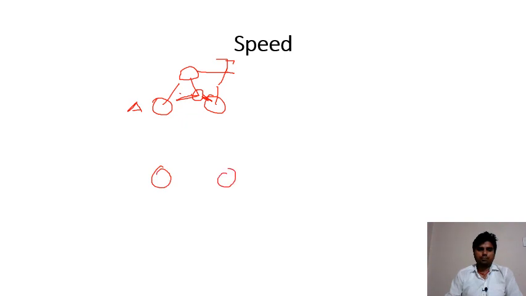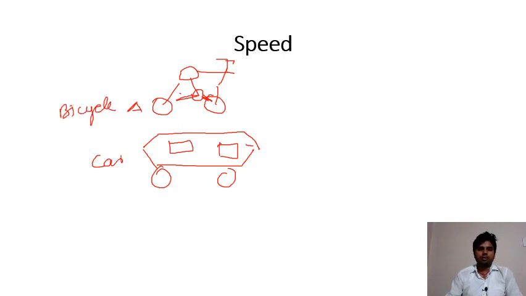speed is nothing but, let's suppose this is a bicycle and you are driving on it. Okay, so this is a bicycle and there is one car. This is your car. Now we have studied the concept of speed, slow and fast.